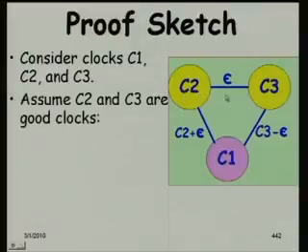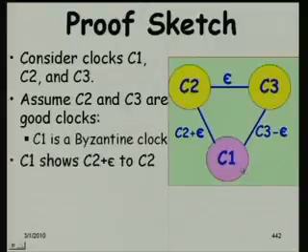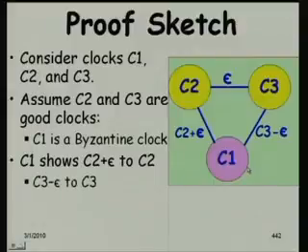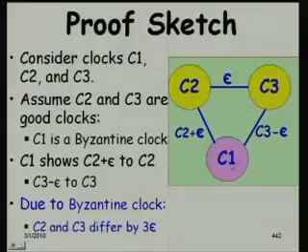So, C2 and C3 are the good clocks, C1 is the Byzantine clock, and C1 transmits C2 plus epsilon to C2 and C3 minus epsilon to C3. Now, due to the Byzantine clock, C2 and C3 differ by 3 epsilon. Do you agree with this?